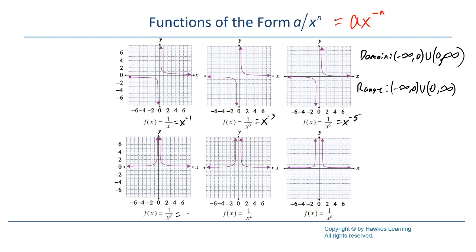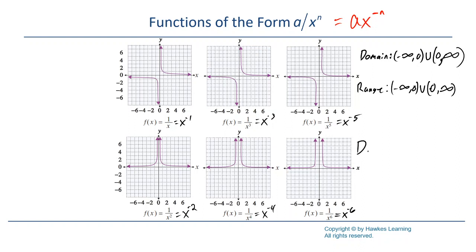And then what if the exponent's even? So you've got x to the negative 2, x to the negative 4, x to the negative 6. And if you prefer to leave it as 1 over the positive number, that's fine. I'm not picky either way. I just always like to show both ways of writing it, because some people have a preference.